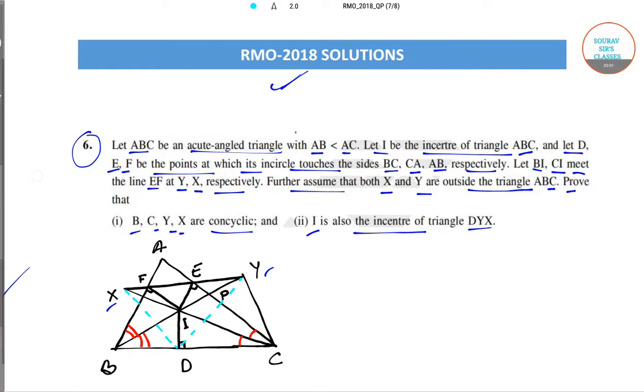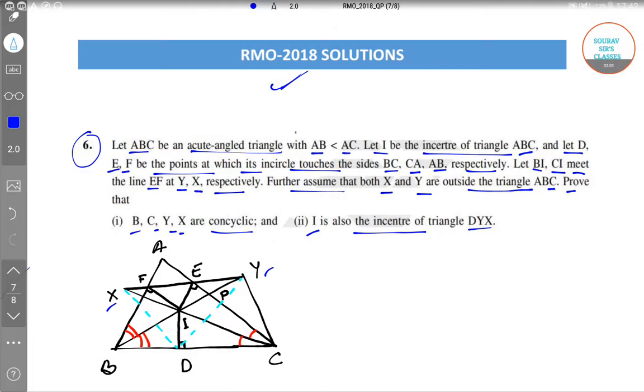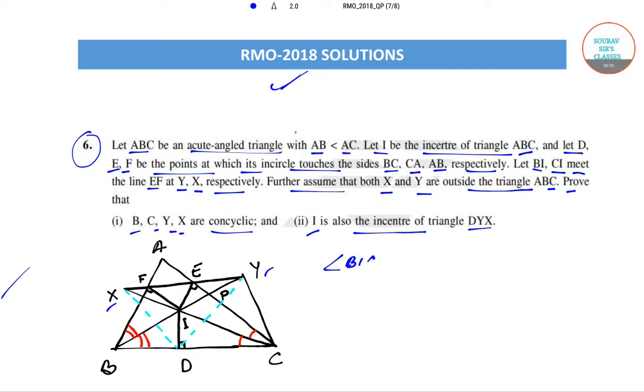Okay, so now let's proceed with the problem. Before starting, let us find out the value of the angle BIC. So BIC can be written as angle BID plus angle CID. Now angle BID, as you can see in the triangle BID, will be 90 degree minus B by 2.